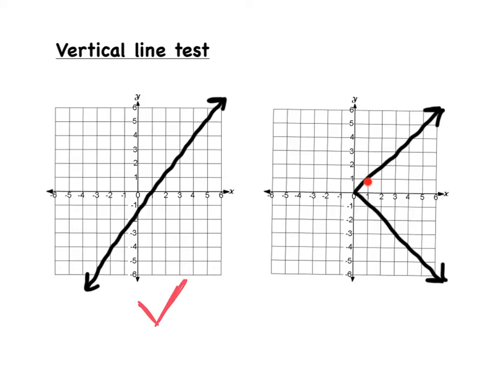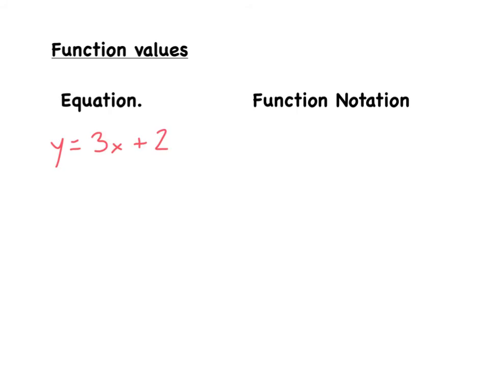So since we're hitting it in two spots, this is an example of not a function. So use the vertical line test when it comes to graphs to see if it is a function. If it hits in more than one place, like at 4, -4 and 4, 4, then it is not a function.